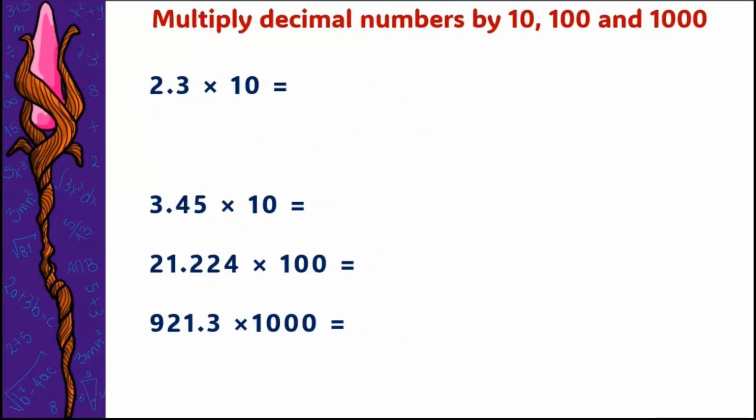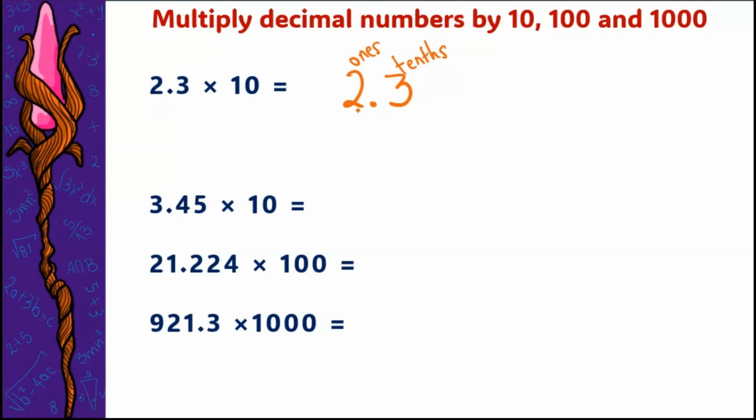Now let's see what happens if the number is already a decimal and we multiply it by 10, 100, or 1000. So again, 2.3. The 3 in this case is in the position of the tenths, and this 2 is in the position of the ones.